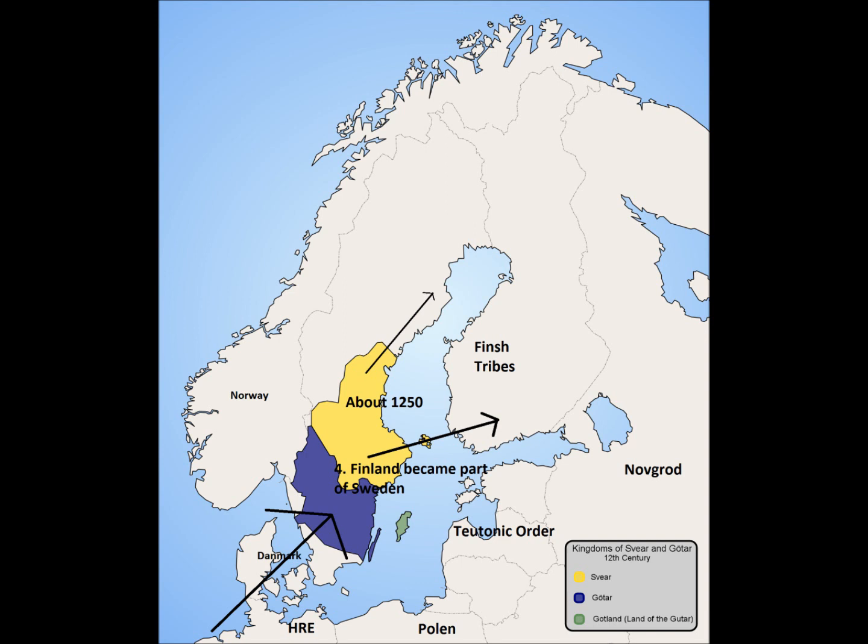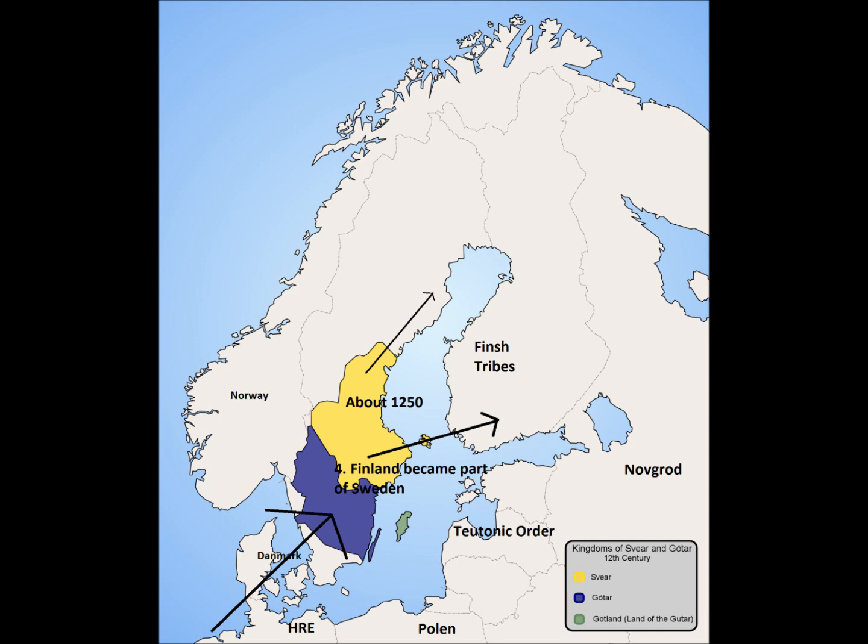And the reason for that, I would say, is you have Norway in the north-west, who is pretty strong. Denmark, who is a lot stronger than Sweden, I would say. You have the Holy Roman Empire, or Germany, and it's much stronger than Sweden.